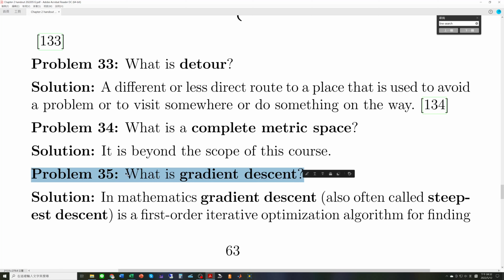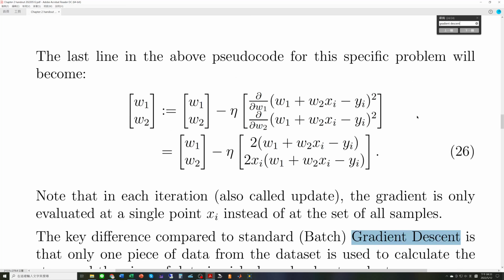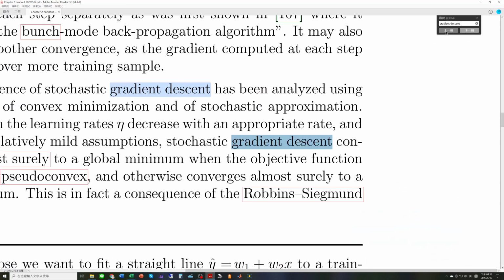Why do we need to know what gradient descent is? Let us search for gradient descent, and the previous.